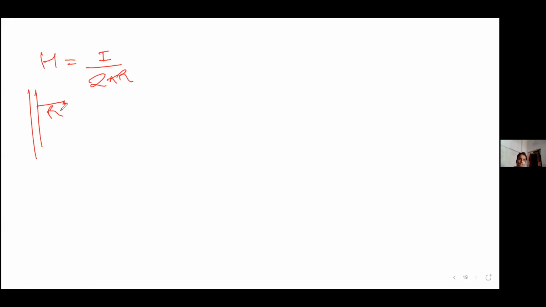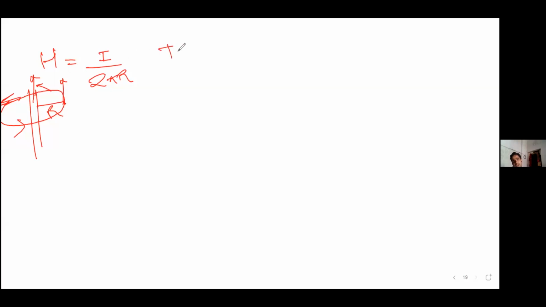So if this is the current-carrying element, there will be a magnetic field, and the H keeps on changing at every point.